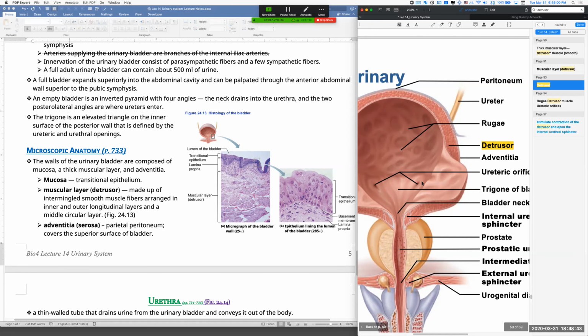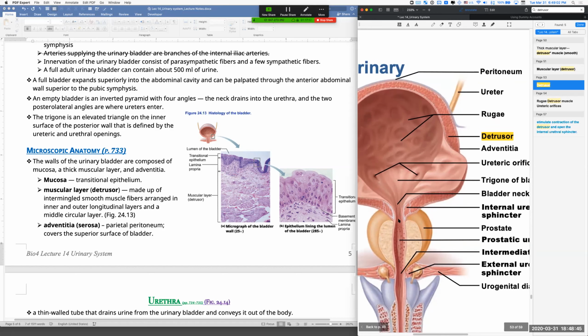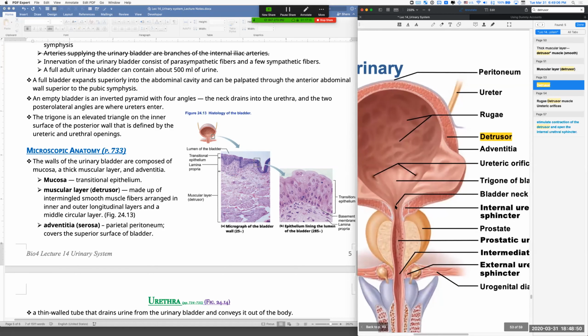This is where the internal urethral sphincter is. That forms a raised triangular region with the ureteric orifices, so this is called the trigone.